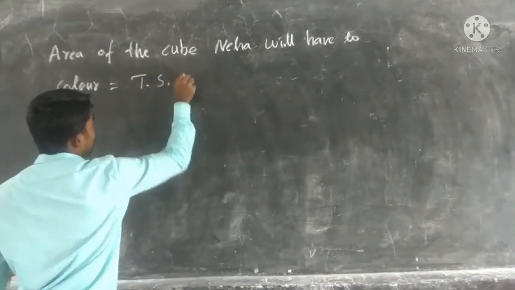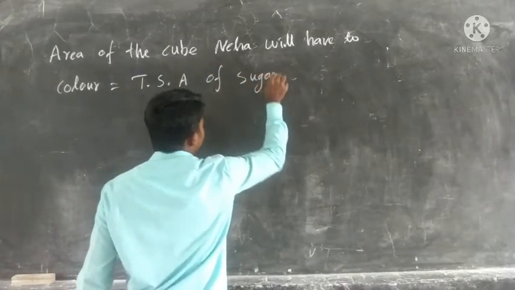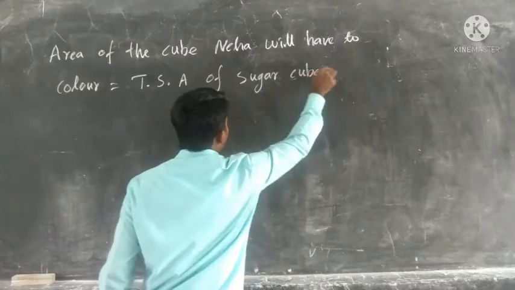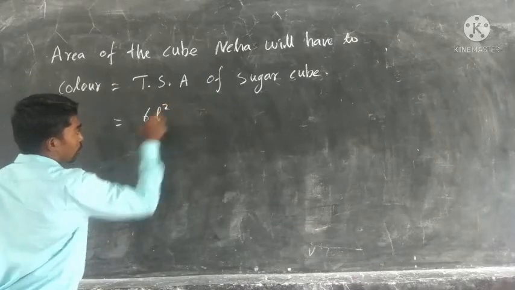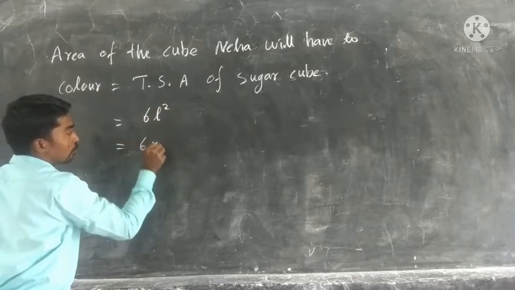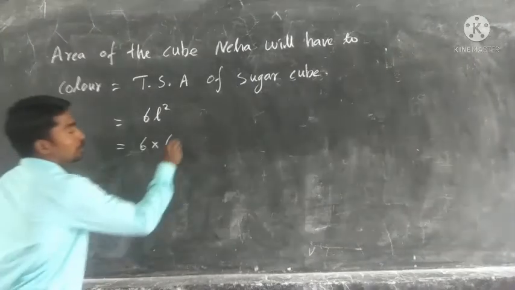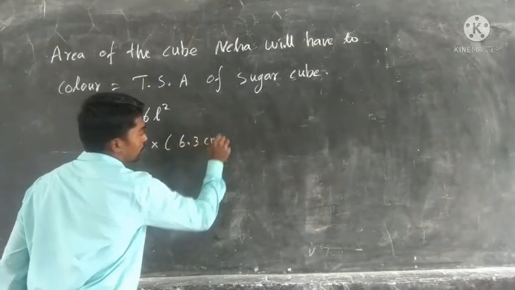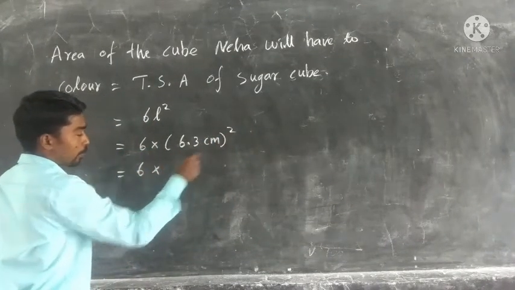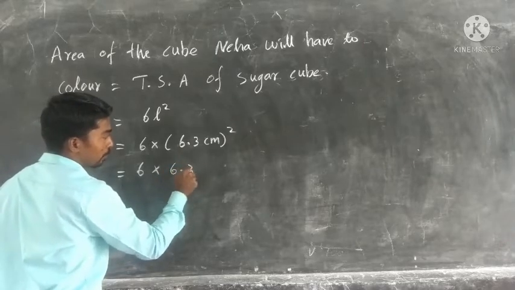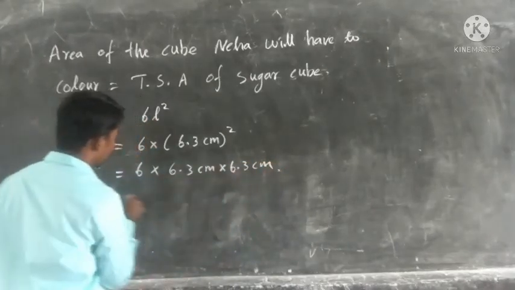Total surface area of sugar cube, that is 6m square. 6 into length of sugar cube, we know that is 6.3 centimeter. 6 into expand it, 6.3 centimeter into 6.3 centimeter.